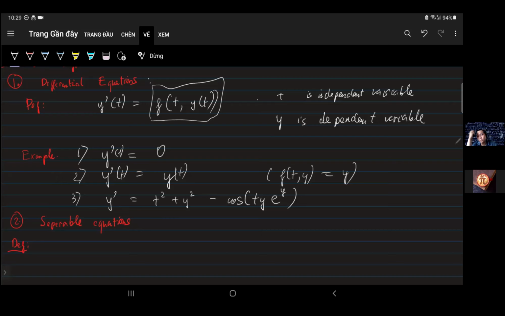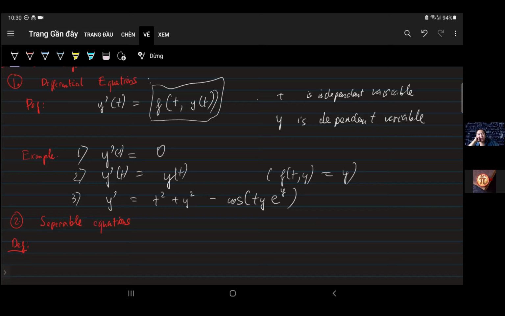If you have y double prime, taking the second derivative, you get a second order differential equation. A fourth order differential equation means you differentiate y four times, etc. One of the basic questions you may come up with is how do we solve that kind of equation?